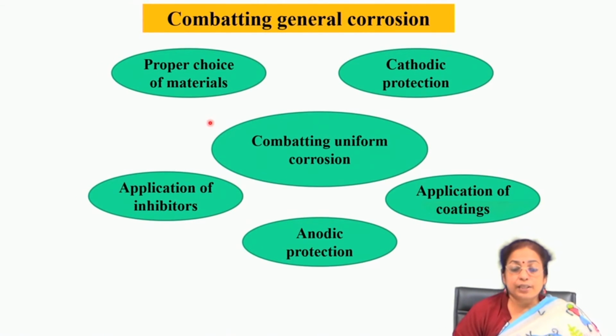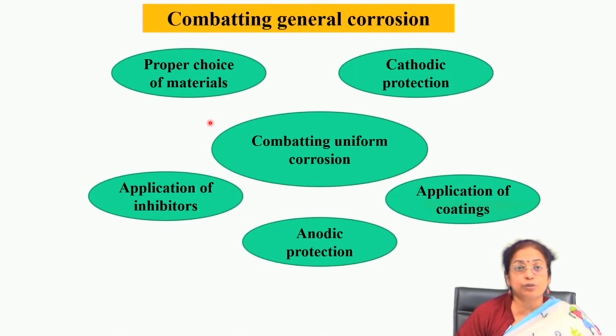Now, as I mentioned earlier, corrosion is never a desirable phenomenon. It is a kind of degradation of the materials, and you have to be careful so that the degradation does not occur, or you can take protective measures so that the probability of corrosion is minimized.